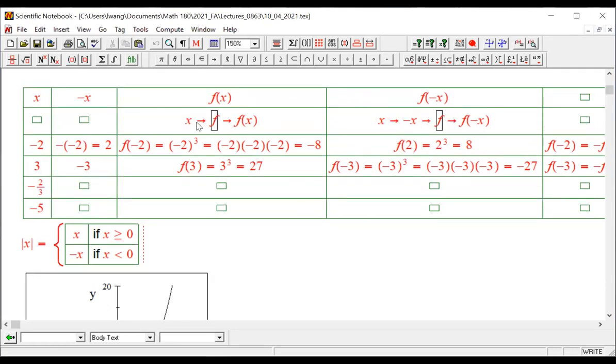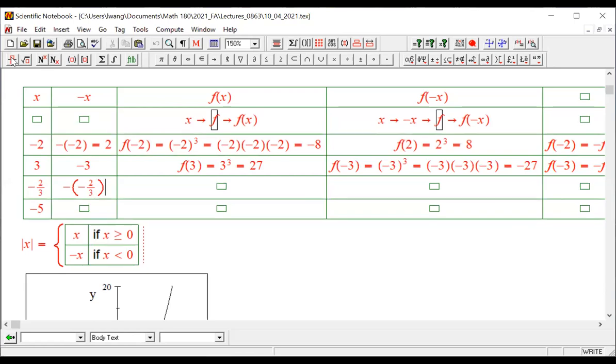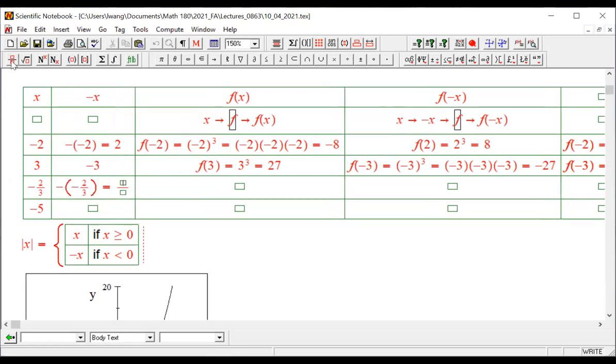This is x going through f of x. You negate the input, and then you have the function process it. So negative 2/3, the opposite of negative 2/3 is negative of negative 2/3. So that's going to be 2/3.